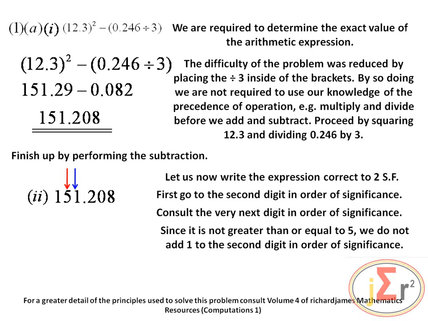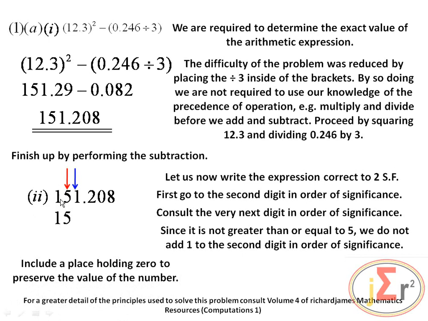But of course, it is not equal to 5 and it is not greater than 5, so we do not add 1 to that digit. That is the second one in order of significance. So we are going to write the 5 as it is, that is without adding 1 to it, and of course we have the 1 also to be included right there.